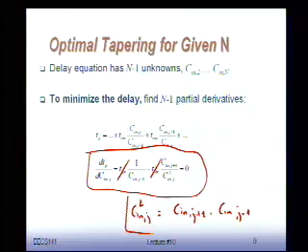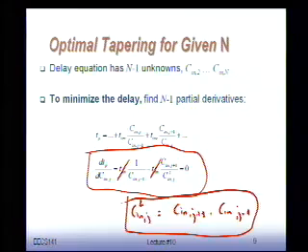I can write this down for every one of my stages. What it says is that the input capacitance of stage J should be the arithmetic average between the input capacitance of the previous gate and the next gate. Arithmetic average is the square root out of those two values. Okay? Geometric, sorry.